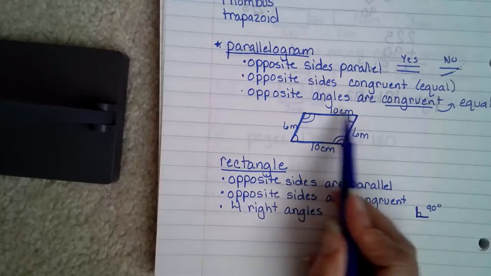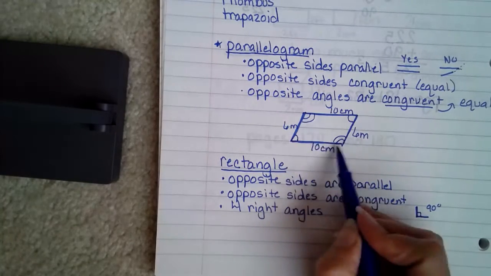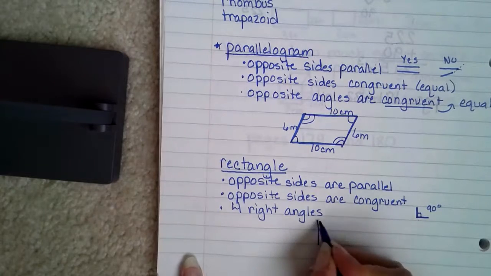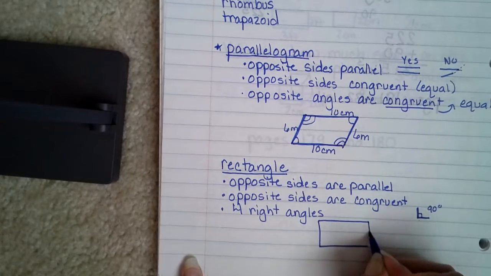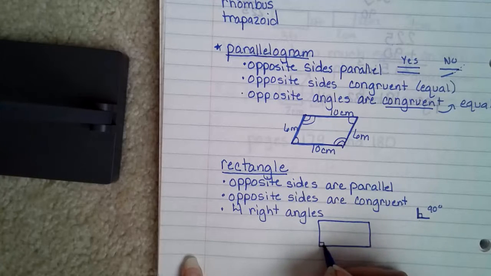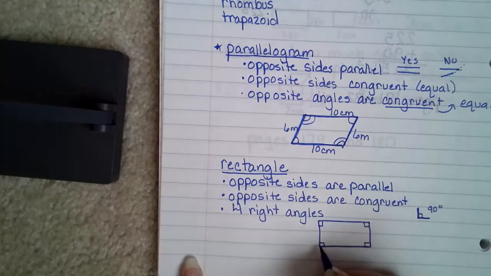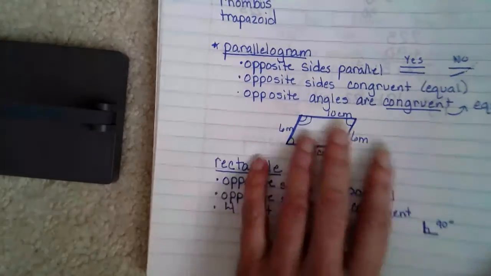So this one up here cannot be a rectangle because none of those four corners are right angles. And that's why a rectangle looks like this. It has to have the four right angles. It also has the opposite sides parallel and the opposite sides congruent. So that's the rectangle. Let's talk about the square next.